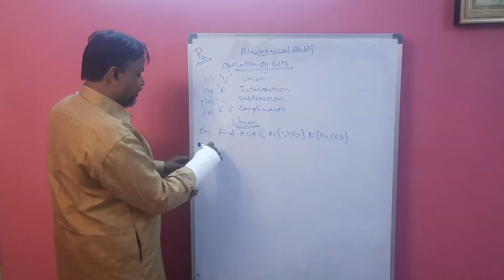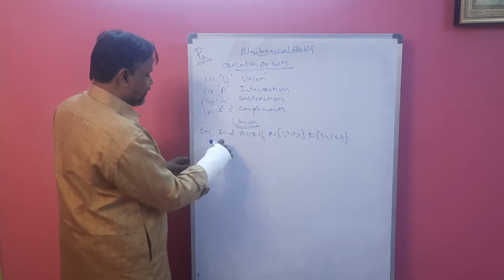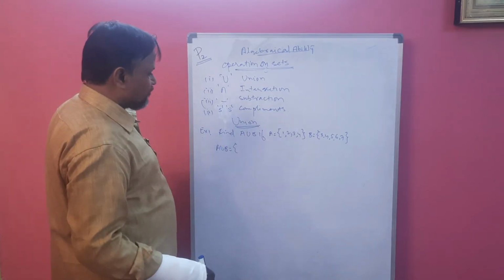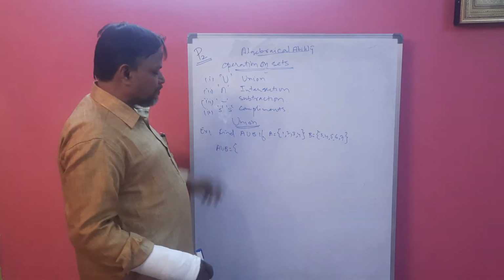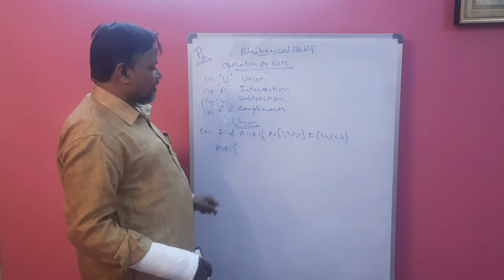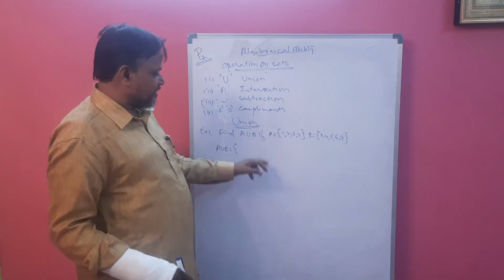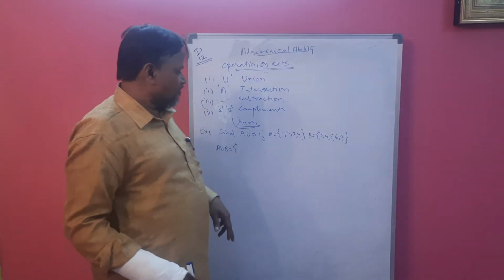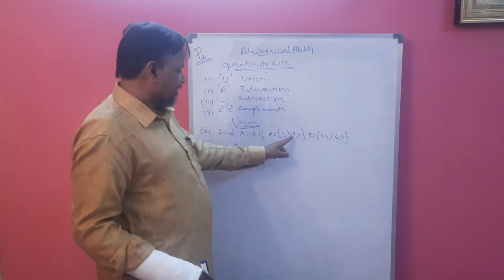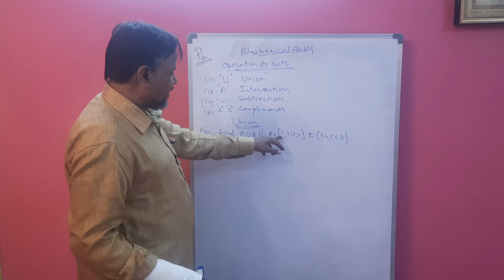Now A union B means what? We have to take all elements of A and B and mix them. But remember one point: while mixing, a repeated number we have to write once only, not twice.